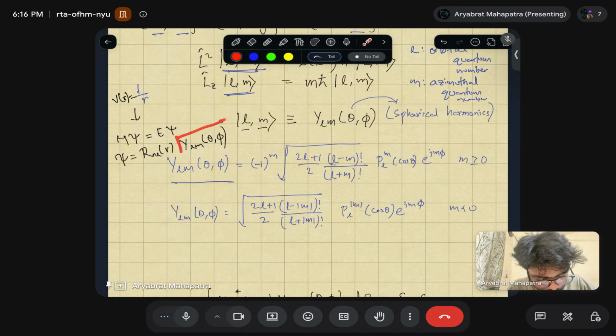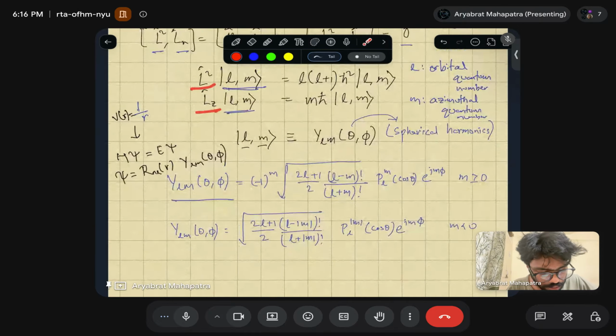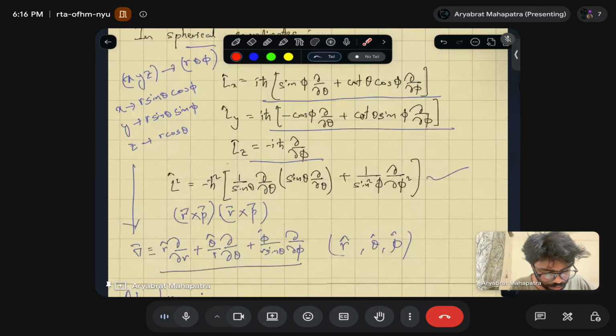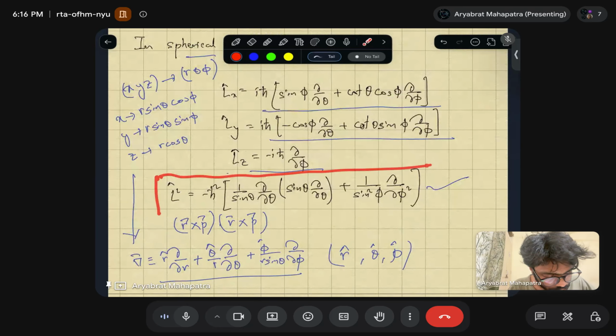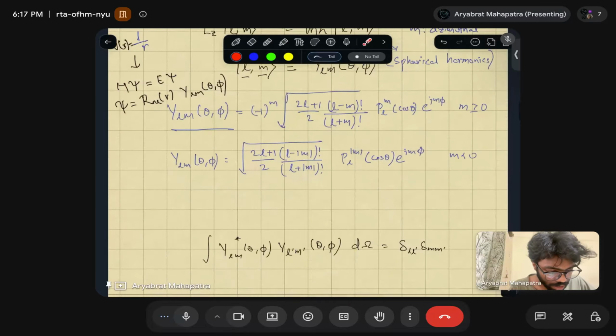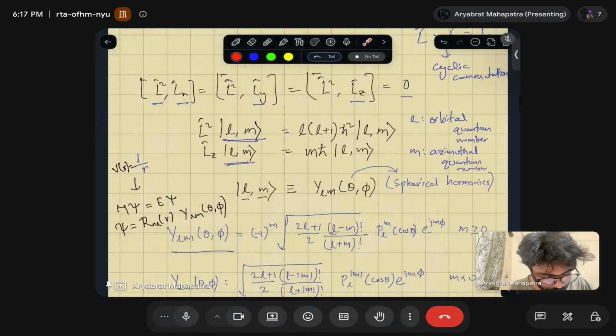If you solve this Schrodinger equation, this spherical harmonics part is precisely the same eigenfunction for L square and Lz. So it turns out that this also becomes the eigenfunction for L square and Lz. If you take this Ylm and operate L square, as we have seen here, you will find Ylm again with some eigenvalues, and these eigenvalues are given as this.